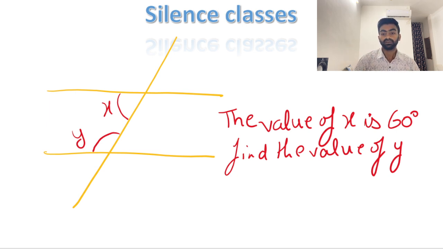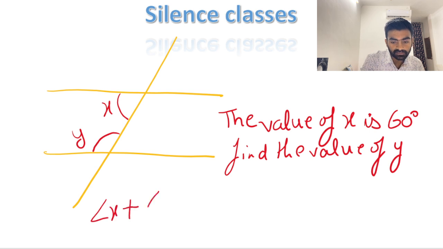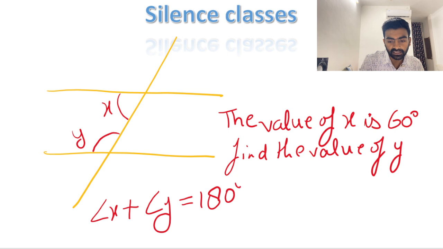Now to find the value of y, we have to write angle x plus angle y is equals to 180 degree, because the sum of co-interior angle is 180 degree.